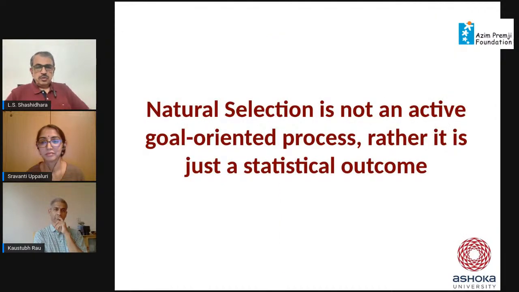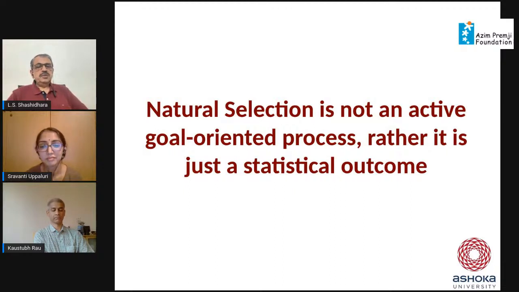And now we know, with sufficient mathematical, statistical and experimental evidence from genetics, population genetics and so forth, that the so-called natural selection which Darwin spoke about is not an active goal-oriented process. Rather, it is a passive process.